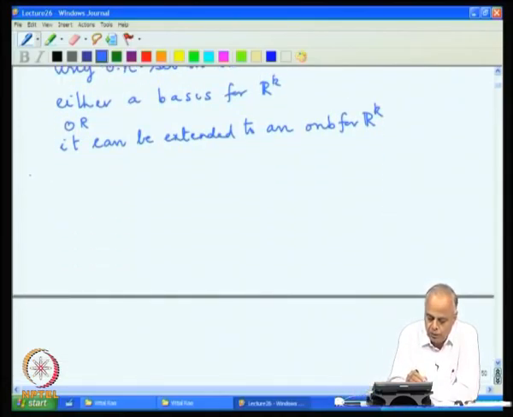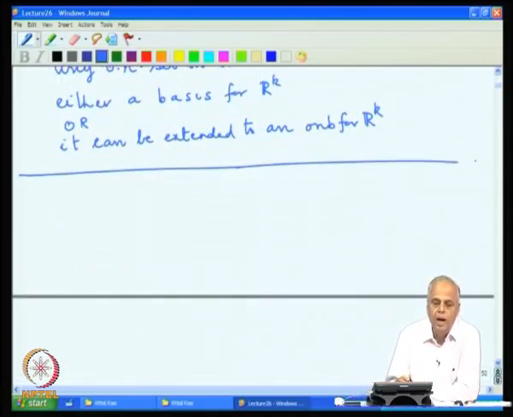We use this notion in analyzing what is known as the orthogonal complement of a subspace.